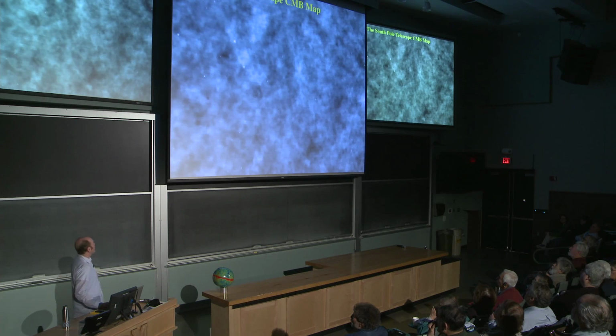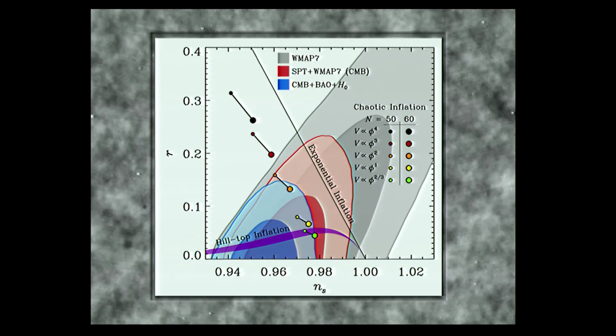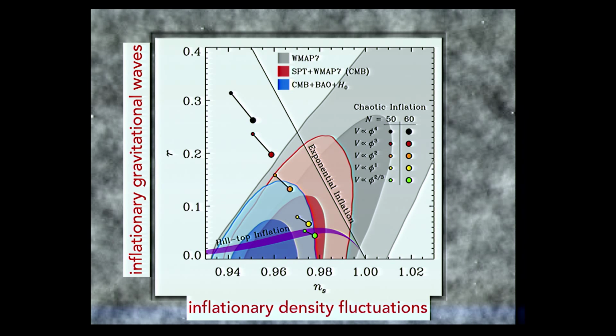So if you take that map and then you do some math to compare it to inflationary predictions, what you end up with is something like this. And there's some arcane numbers or names for the axes. There's NS and R. And for the purpose of this talk, let me help you understand what they are. So NS tells you something about the shape of the inflationary density perturbations.